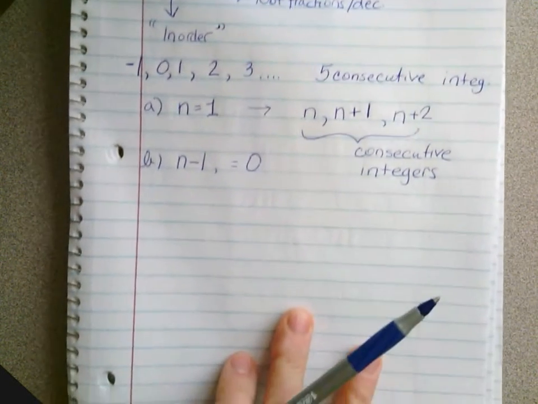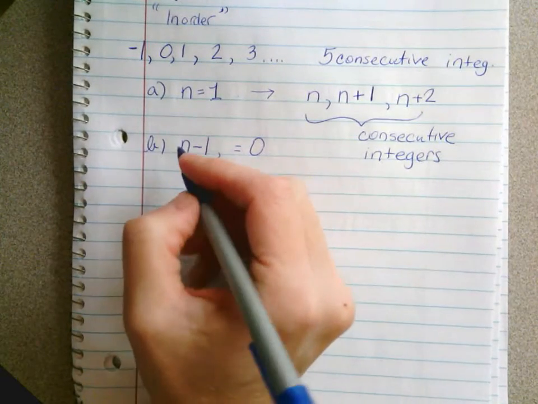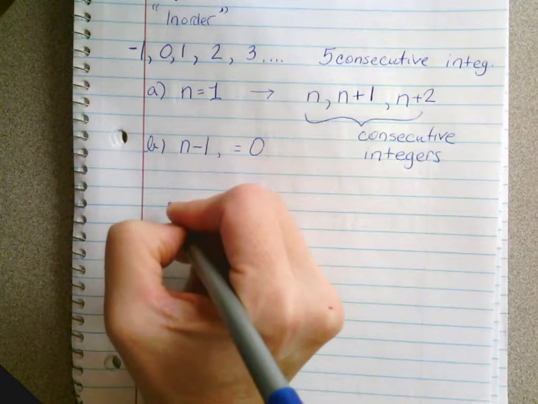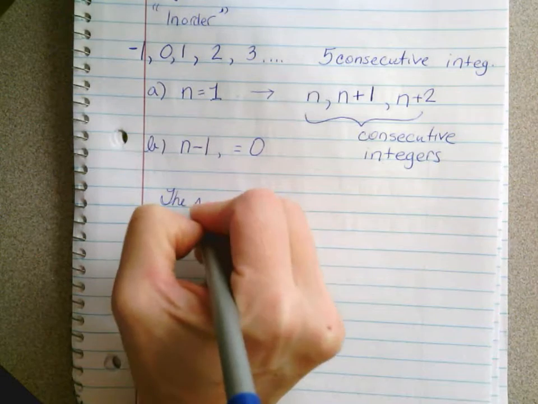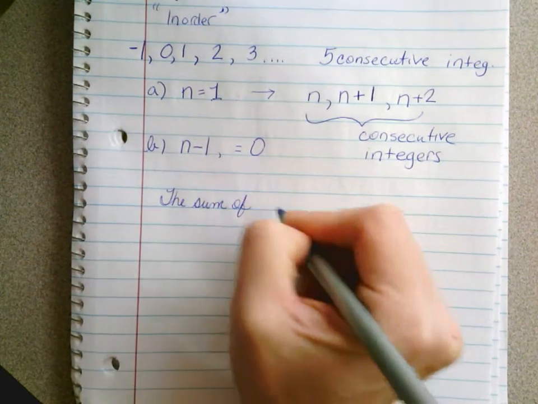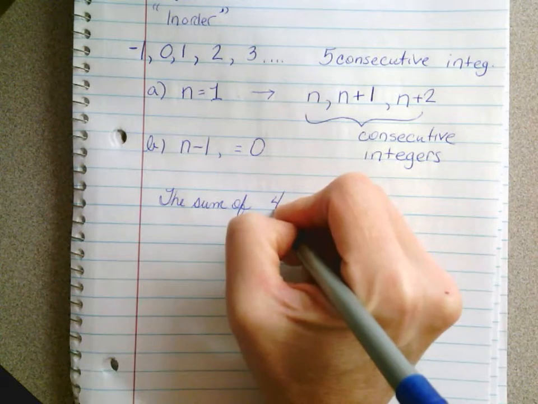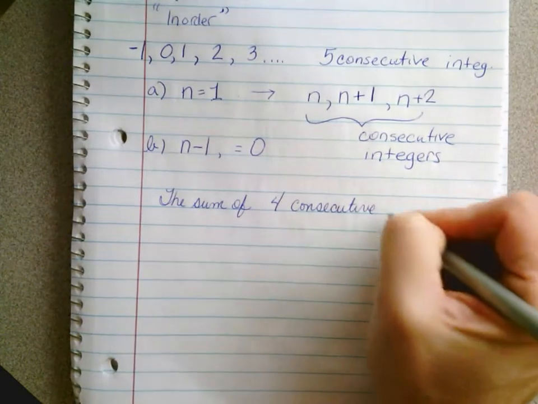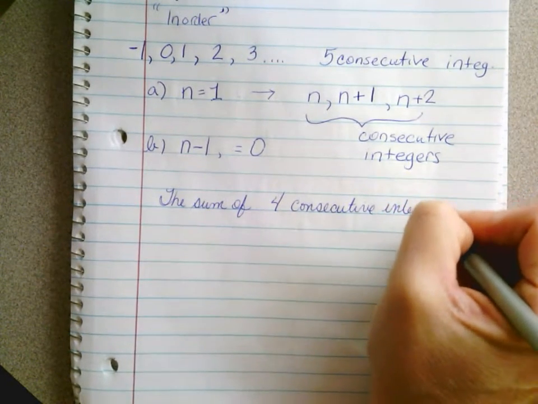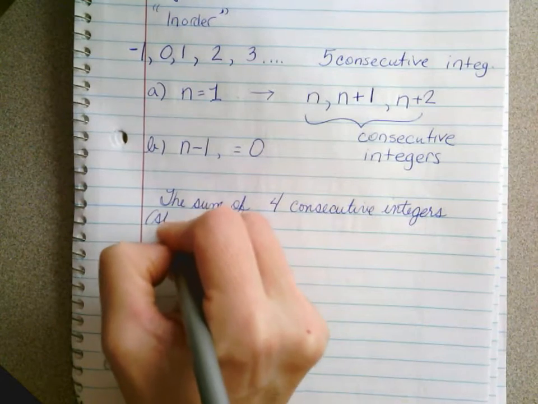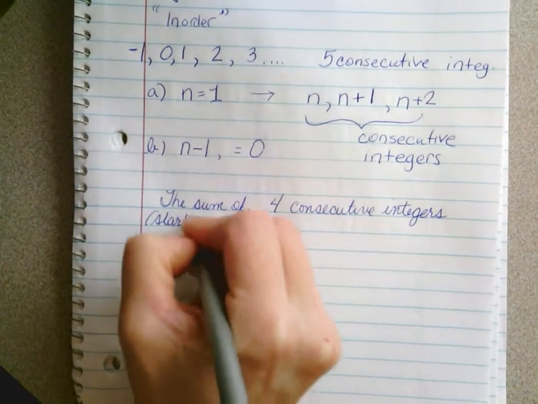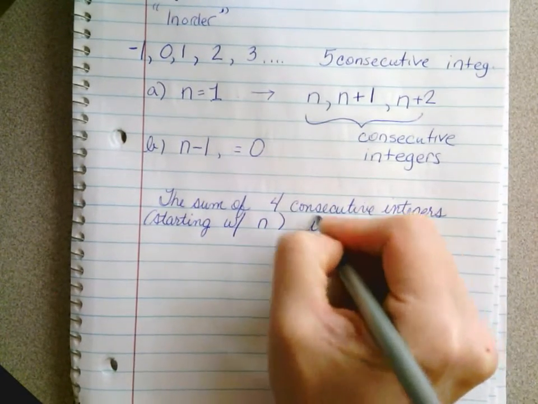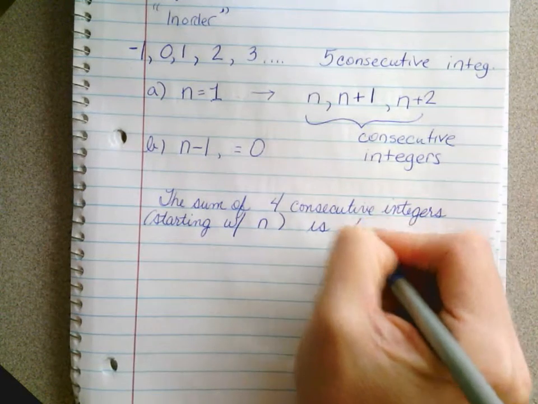Now here's where it gets a little bit scary. Write an equation that says that the sum of 4 consecutive integers starting with n is 66.